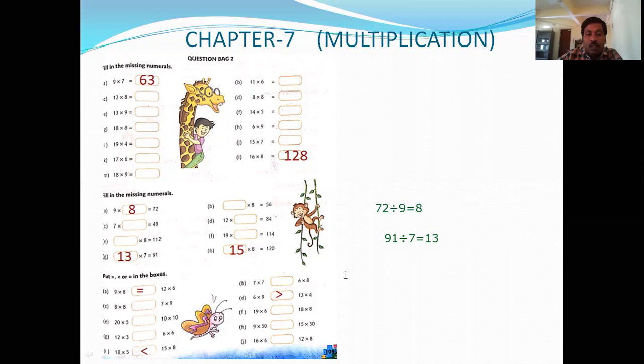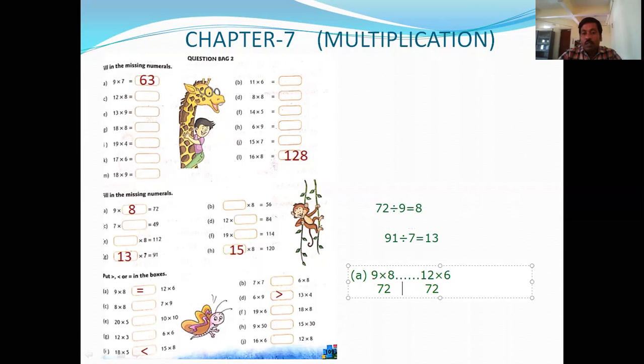In the first question, we will find the value of the left side. 9 into 8 we get 72. And 12 into 6, we also get 72.